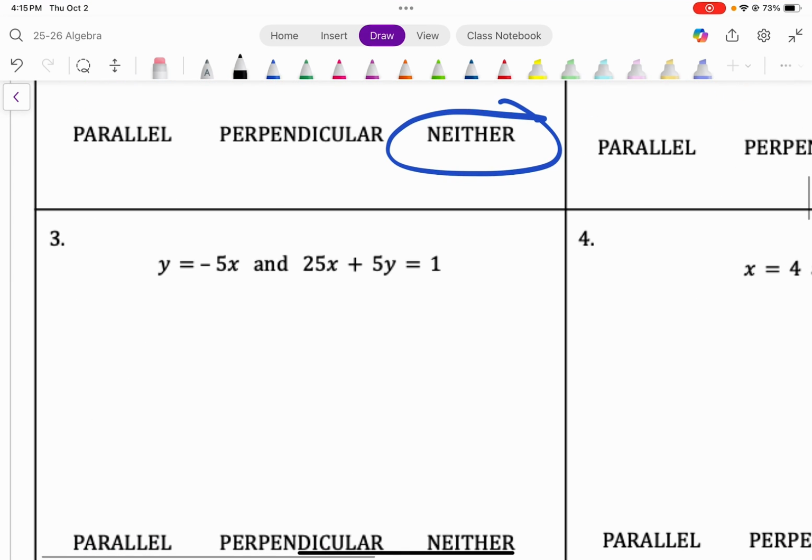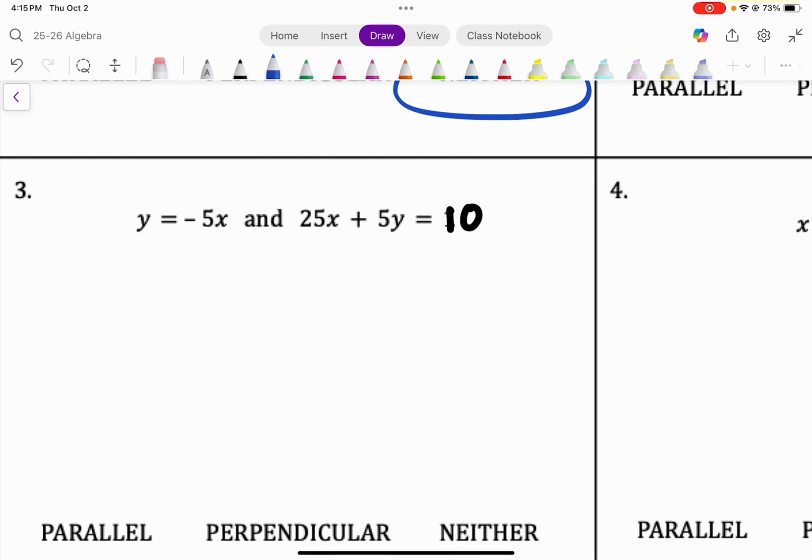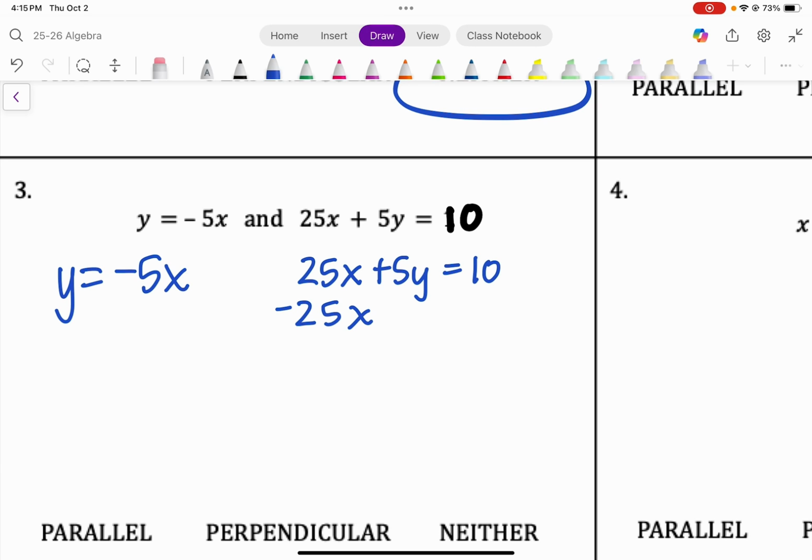Moving on, and I changed this during class to be a 10, so it just works out to be a less weird number. This first one has a slope of -5x. We could put a +0 on it, but that doesn't matter when we're comparing our slopes. On the next one, we're going to rewrite in slope-intercept form. I'm going to subtract 25x on each side, so that's going to get me in the right order. 5y equals -25x plus 10.